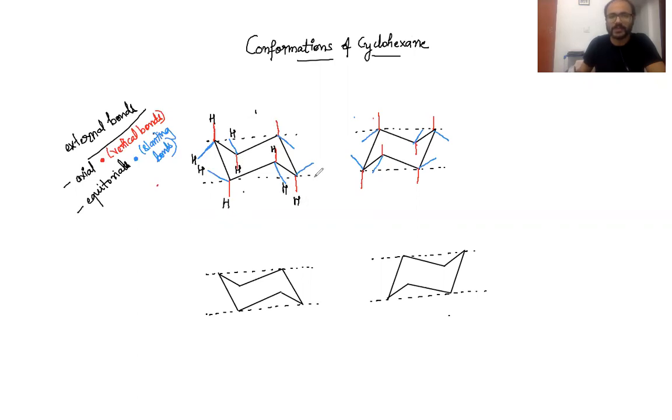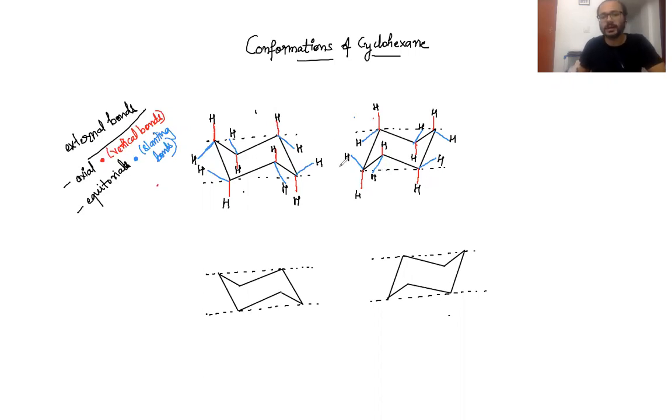Similarly, you will have hydrogens here as well. When it is cyclohexane, it is nothing but C6H12. So it has only the carbons and the hydrogens. The external bonds are nothing but the corresponding hydrogen atoms in the cyclohexane.